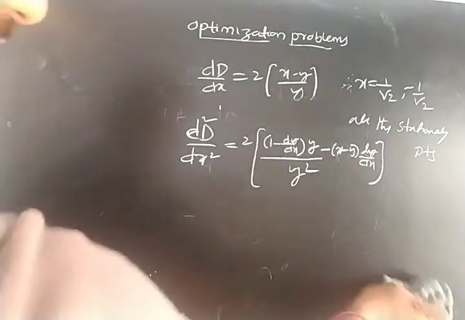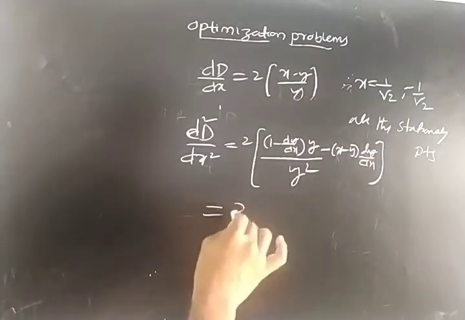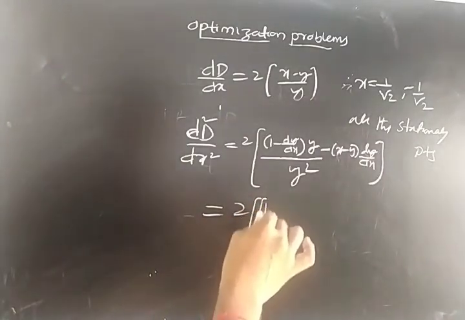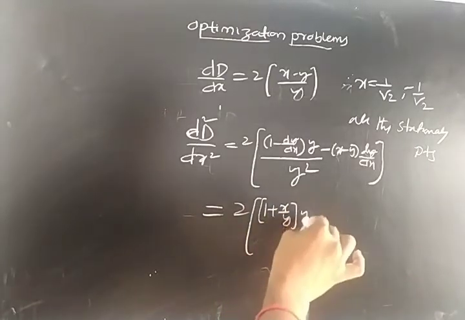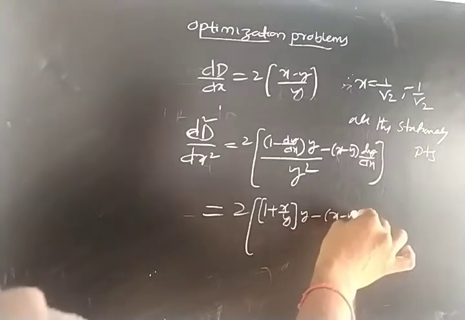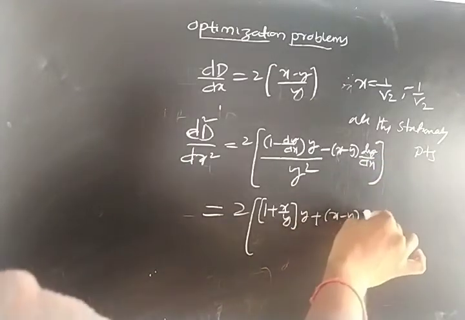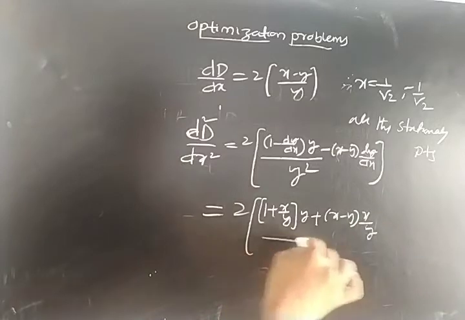What is dy by dx? We got minus x by y. I am substituting here 2 into 1 plus x by y into y minus x minus y. So here minus x plus y, so x by y, minus of minus by y square.